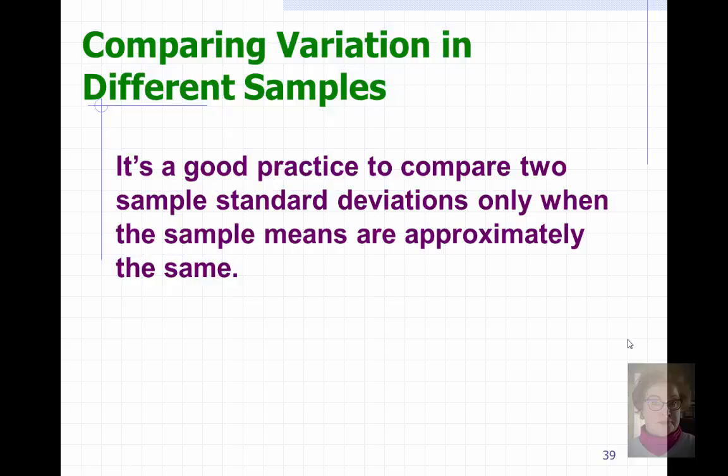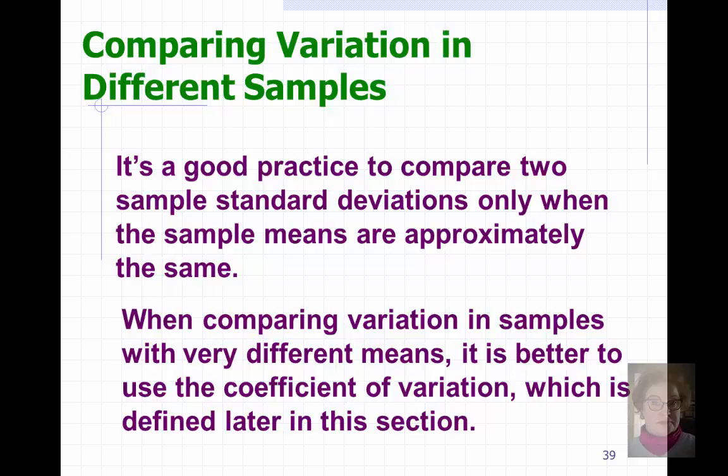When you have sample means that are approximately the same, then it's good to look and compare the standard deviations. We really aren't going to use standard deviations to judge the difference between samples. We basically use the standard deviations to describe our one set. When we're going to compare the variation with different means, we're going to use the coefficient of variation, which we're going to talk about later.